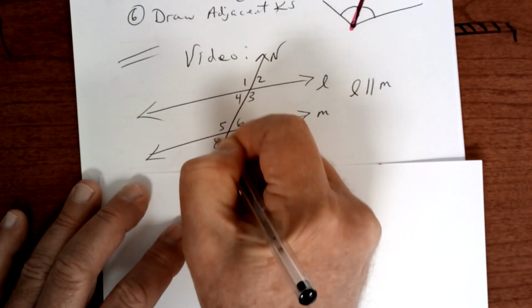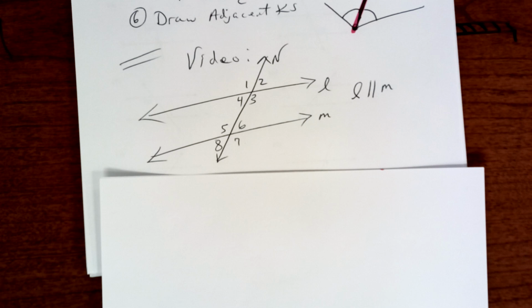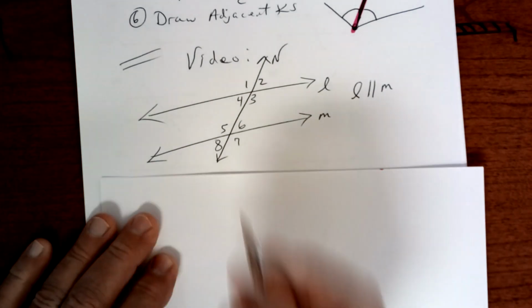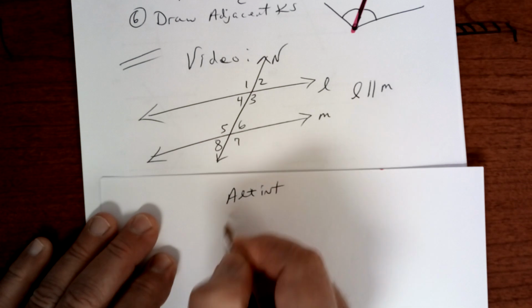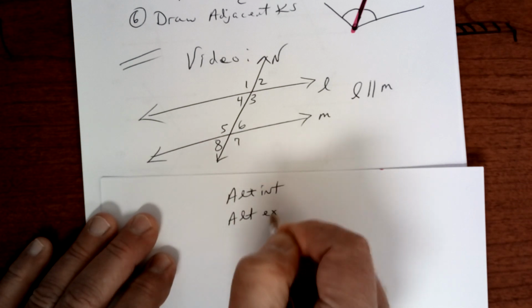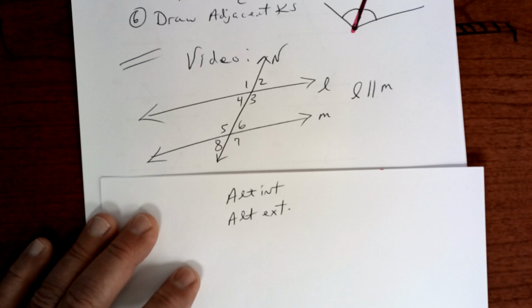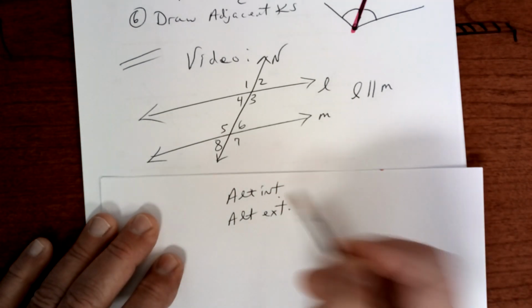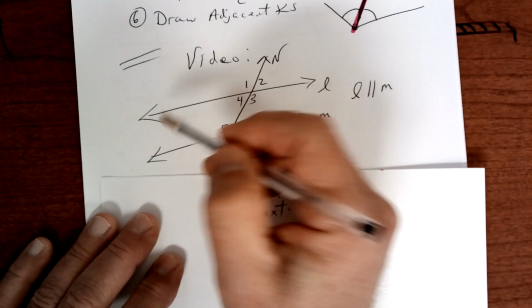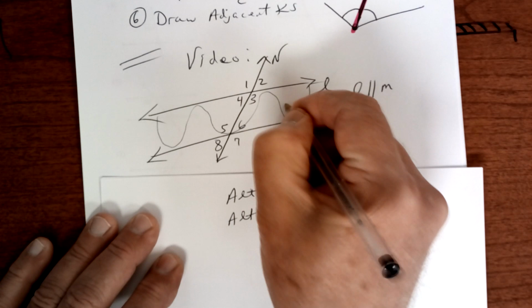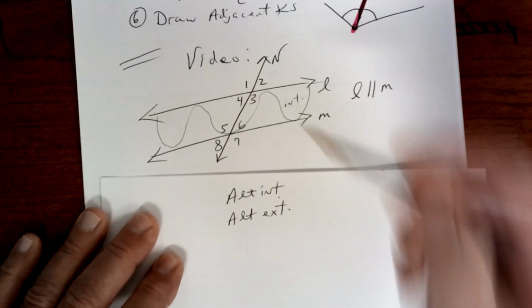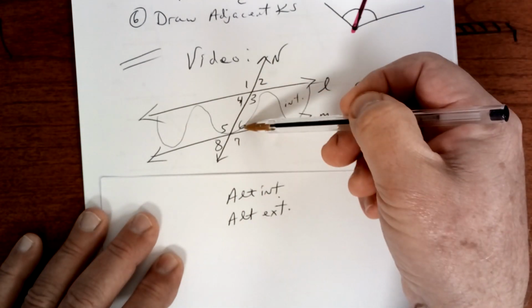Okay. So once you write this down, there's something called alternating interior, alternating exterior. All right? So alternating interior is going to be in the inside of here. See, in between these two lines is the interior. So alternating would jump across the transversal, like you jump over the line.